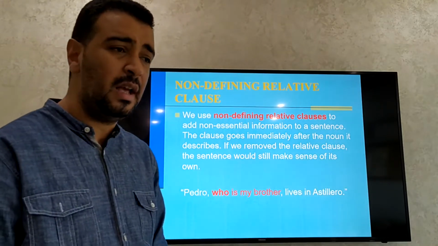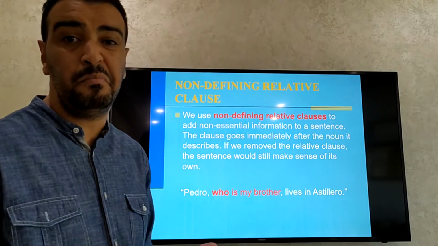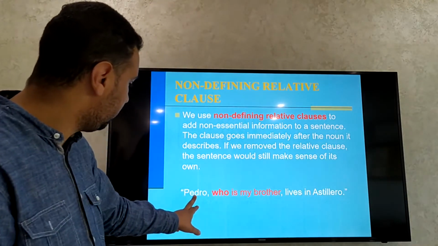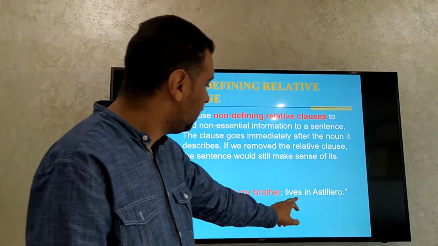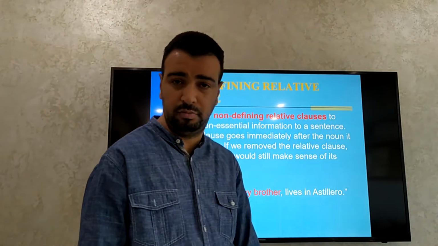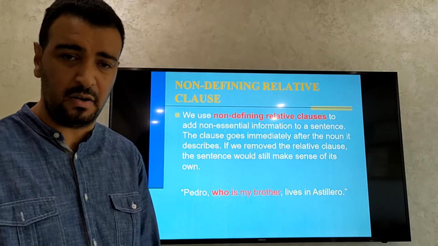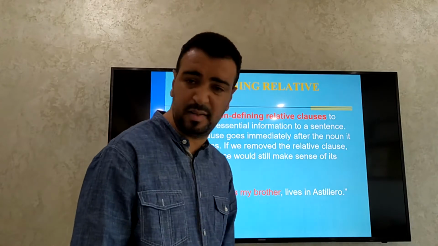It would still deliver a meaning of its own. For example, if we say Pedro lives in Astillero. Pedro, yeah, there is still meaning there. The boy lives in Fez.